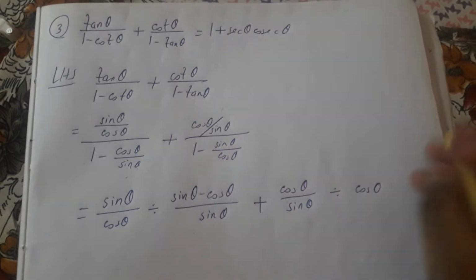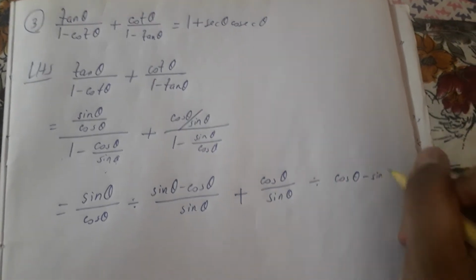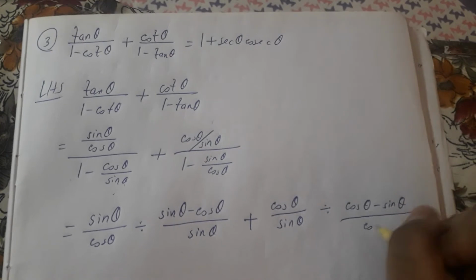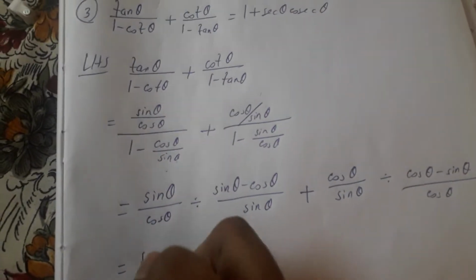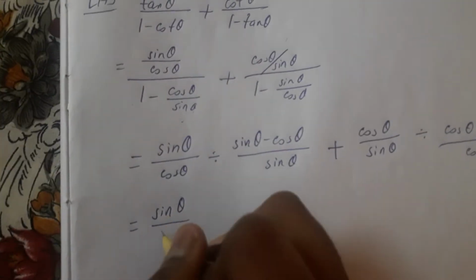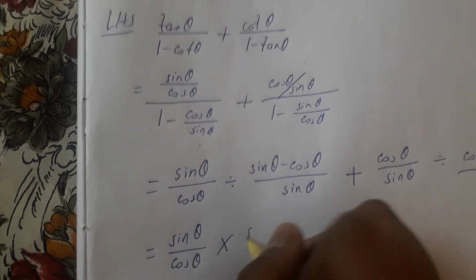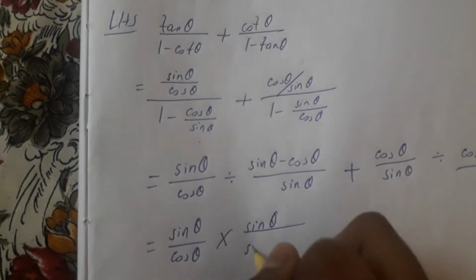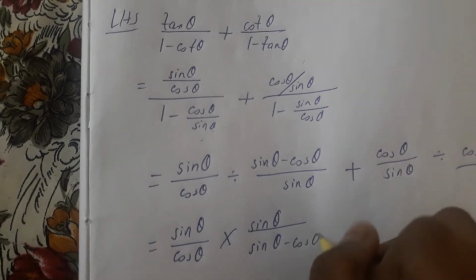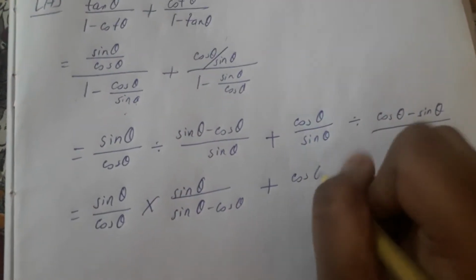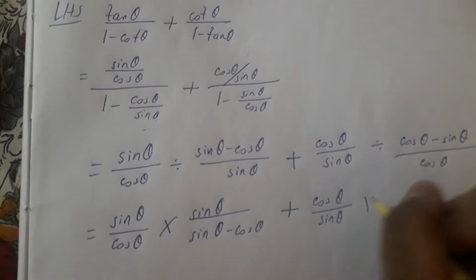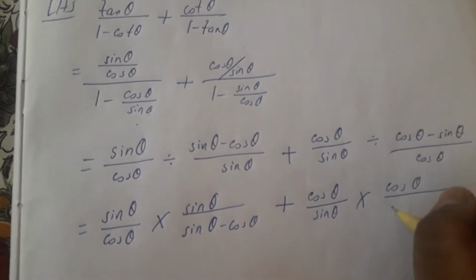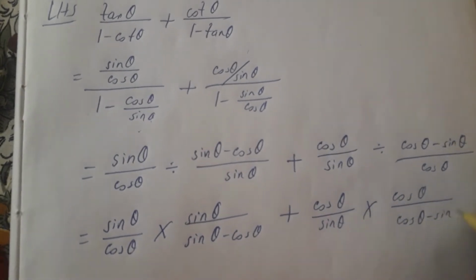This will come here: (cos theta minus sin theta) divided by cos theta, which is equal to sin theta divided by cos theta into sin theta, minus cos theta. Here also cos theta divided by sin theta into cos theta divided by cos theta minus sin theta.